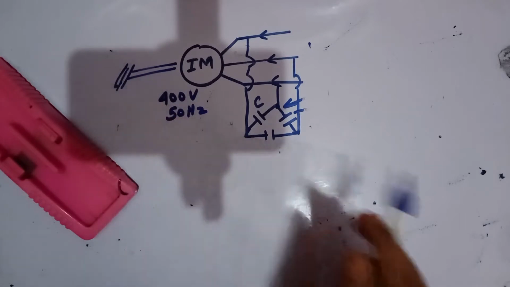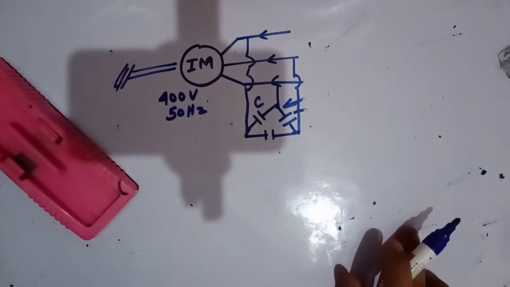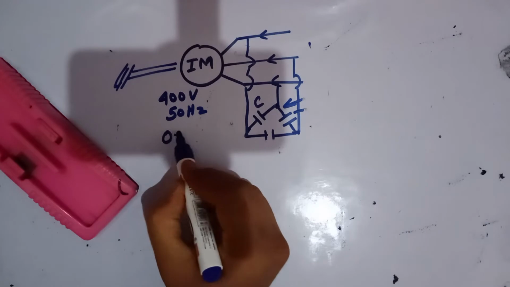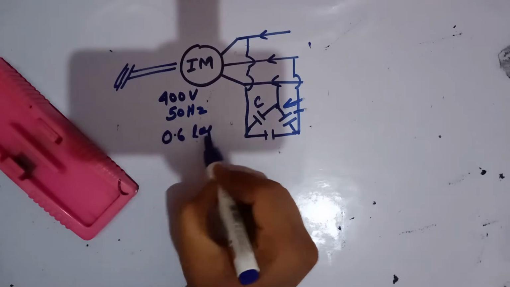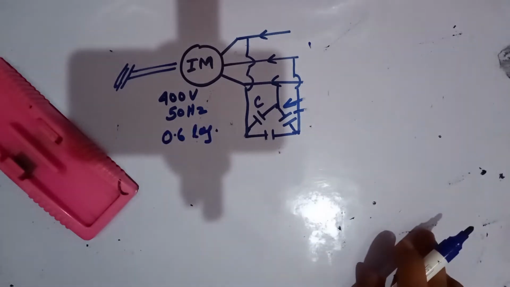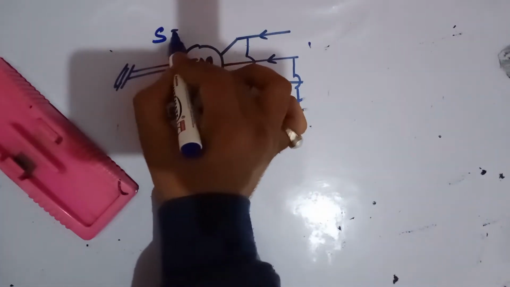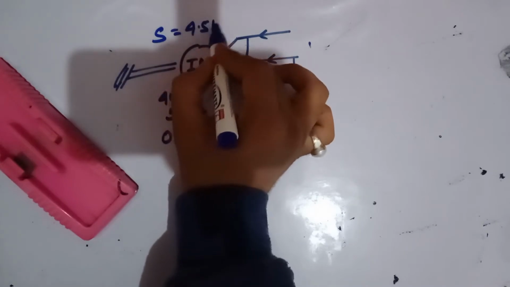It is running at a lower power factor of 0.6 lagging. The input is 4.5 kVA, so S is given as 4.5 kVA.